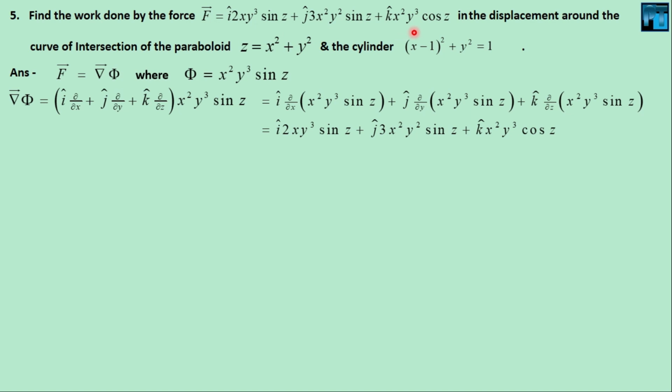This f gives you the hint that the mathematics is very simple, there is some trick. Here is the trick. I am the phi equal to x square y cube sin z. So it is your concept which will bring you the f equal to grad phi format.